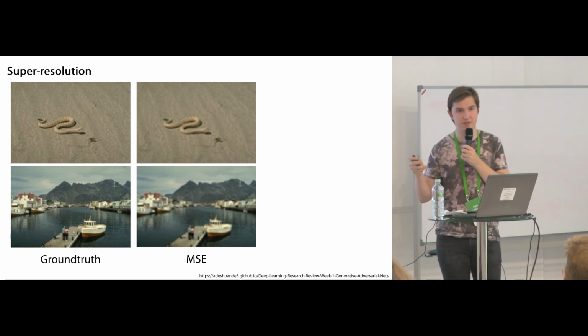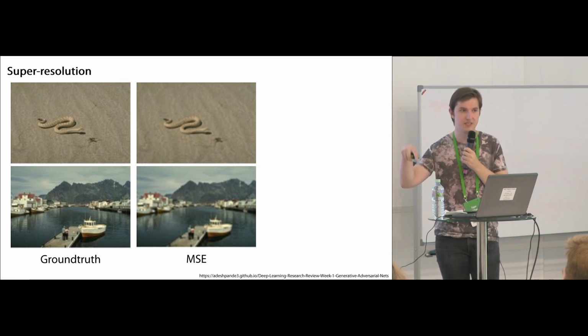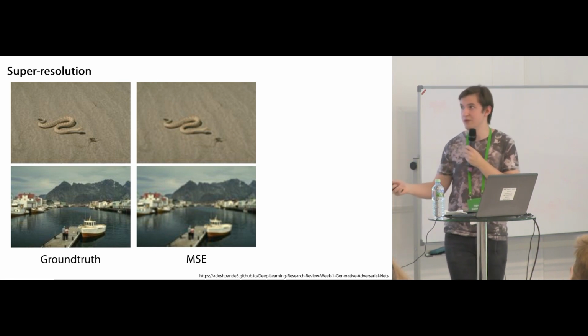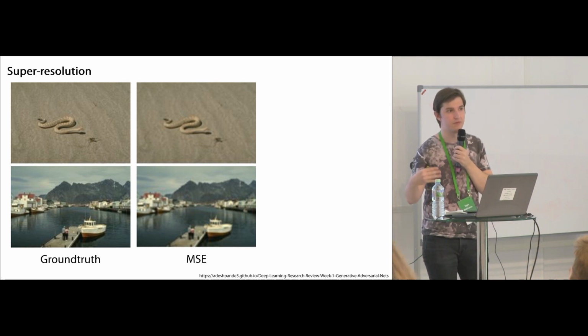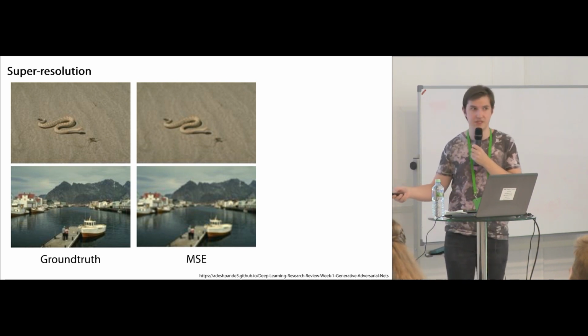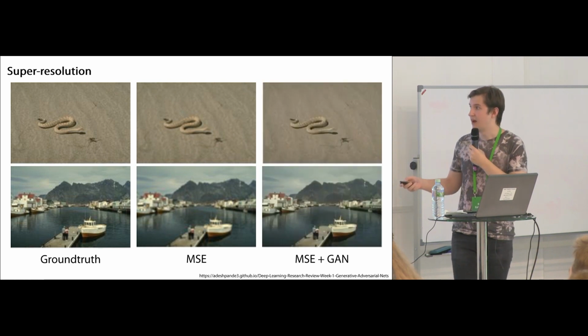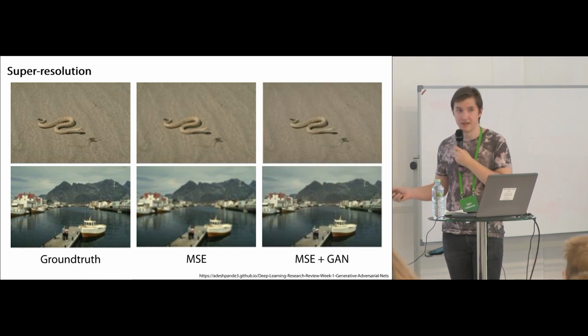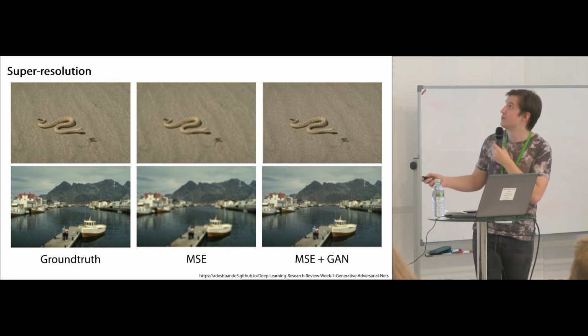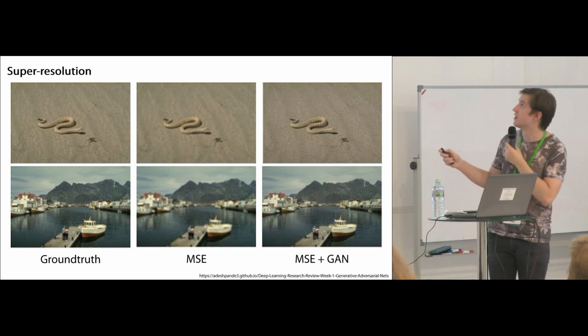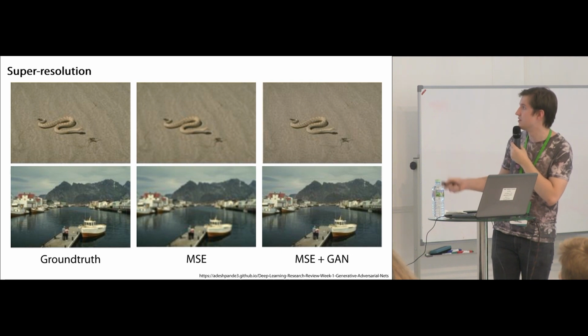It's just a property of mean squared error that when we optimize with respect to it, we will get a blurry image, just because on the low resolution version of the image, we don't get enough information to produce all these details. And when we introduce another term, GAN, into the objective, we get a crisp image once again. You can see that on the snake much better than in this picture.